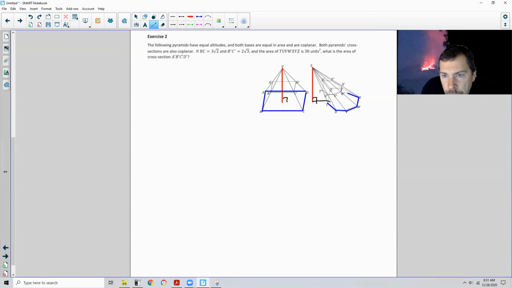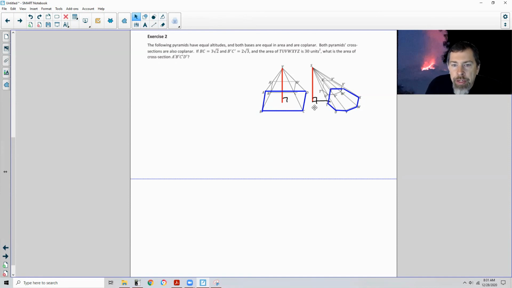They didn't label Y, but it's right here. Over to Z, and then back to T. So there's our base of our diagram on the right. Okay, and that is being stretched out. So we are scaling down as we go. Think of a tunnel going off in the distance, getting smaller and smaller from our vision.